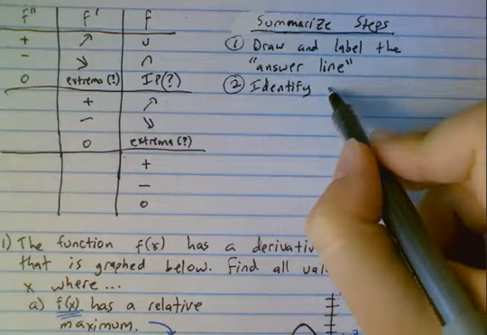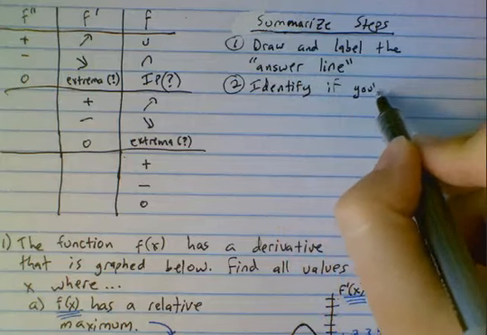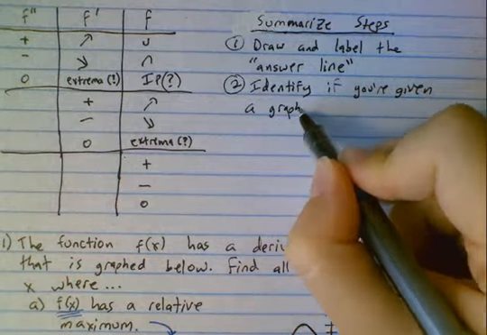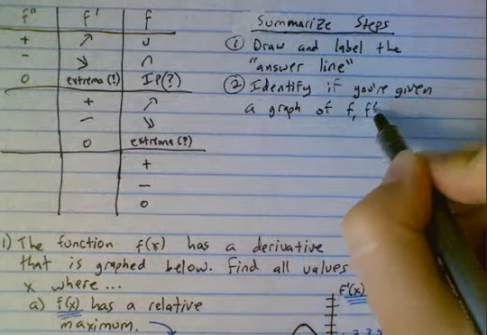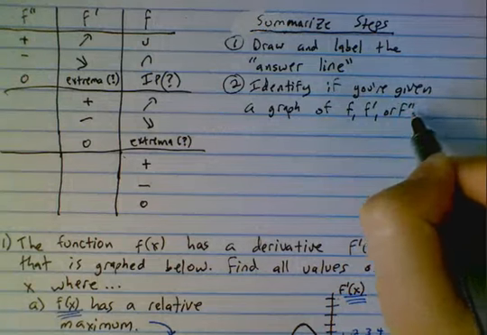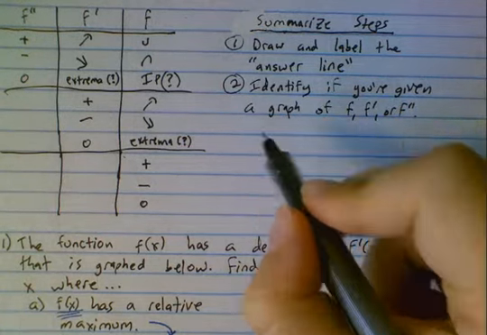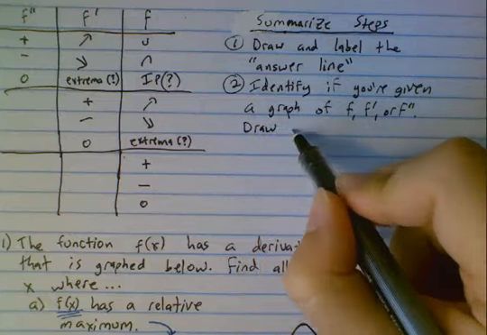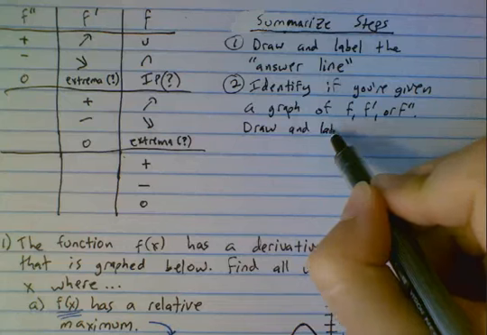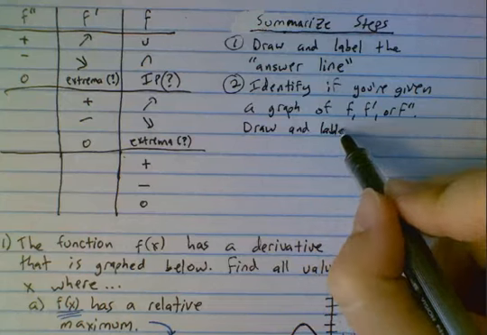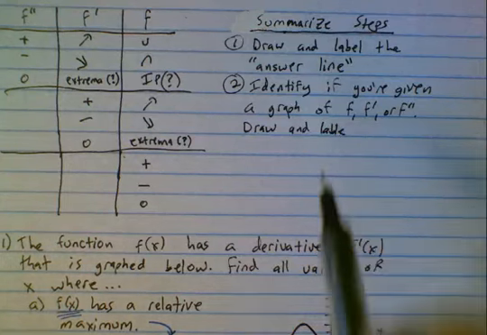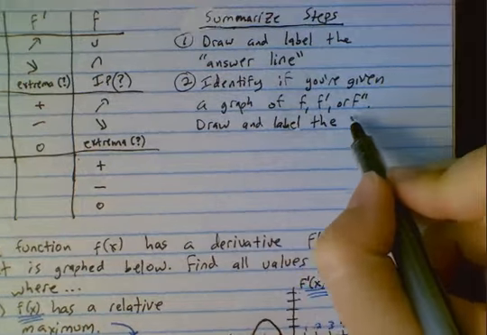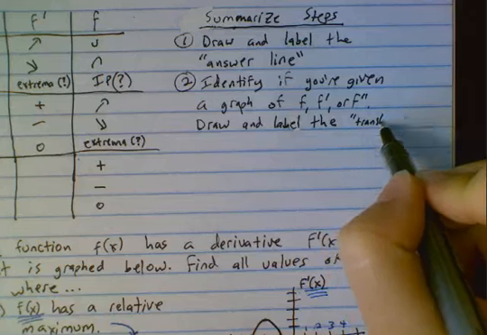Identify if you're given a graph of f, f prime, or f double prime. Draw and label the translation line.